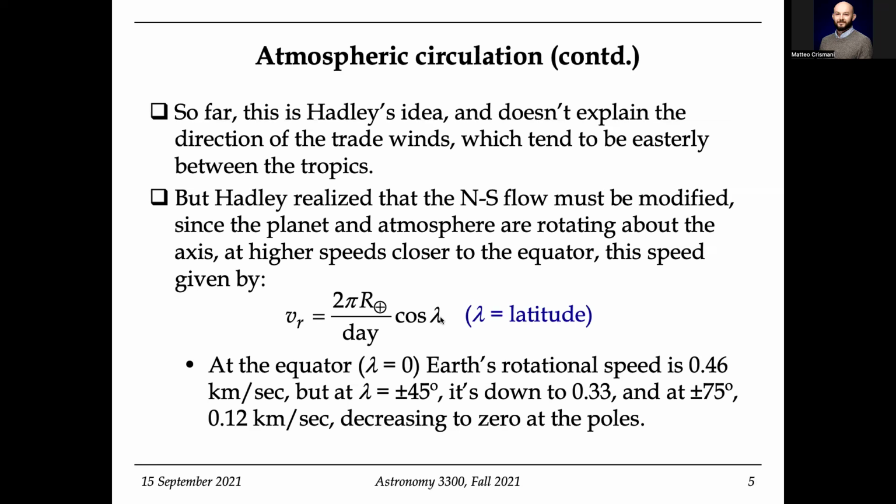Where does it appear to go? Okay, so I'm shooting at this speed plus this speed.